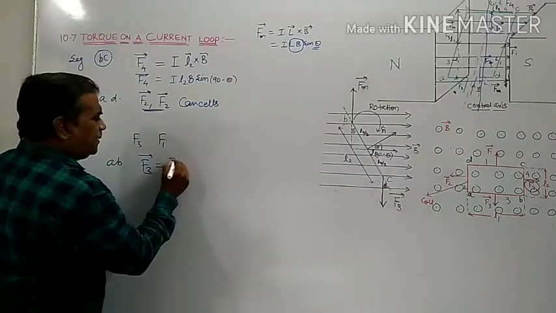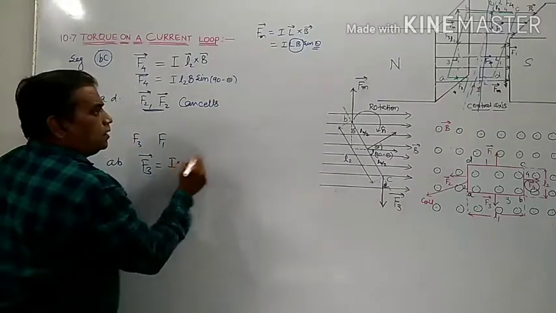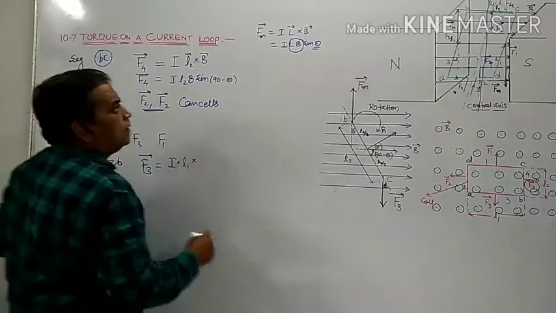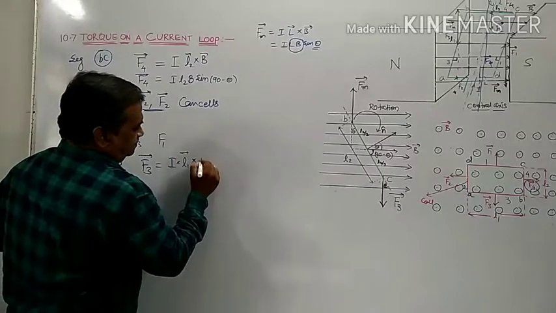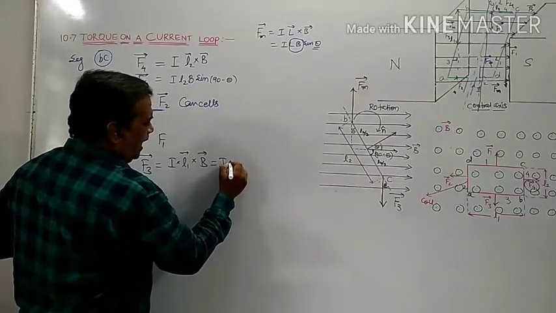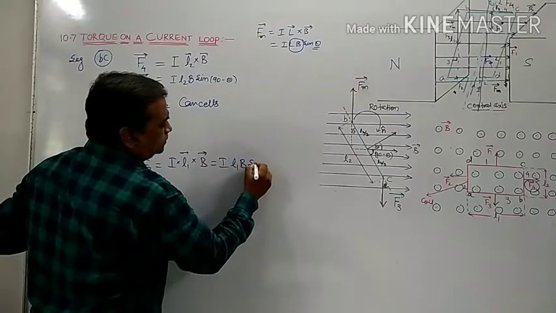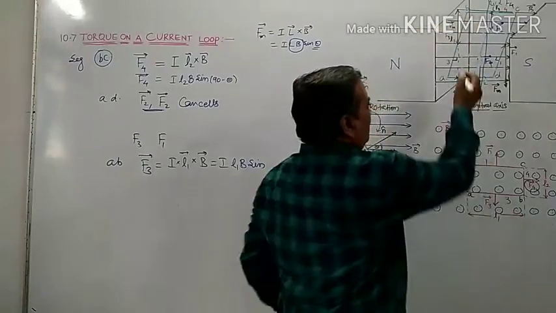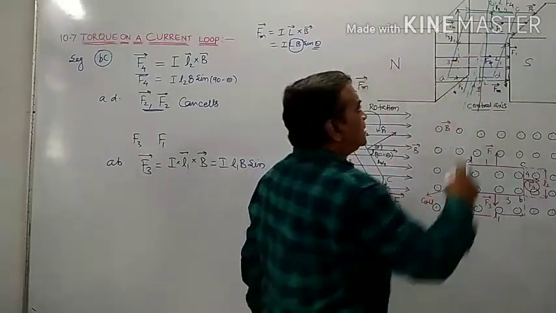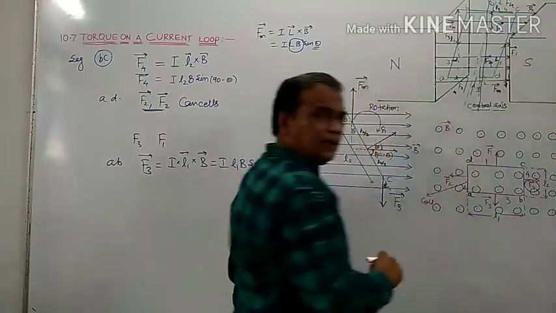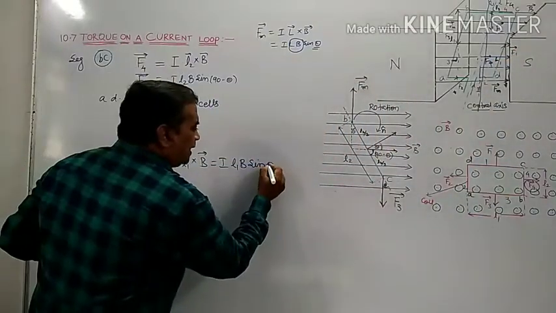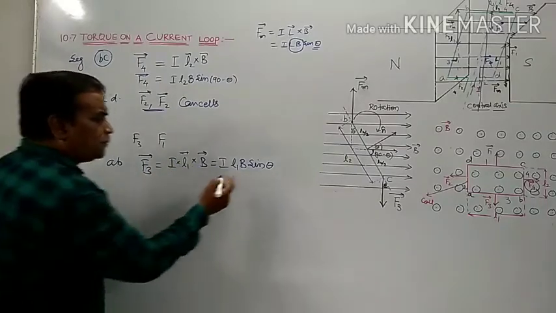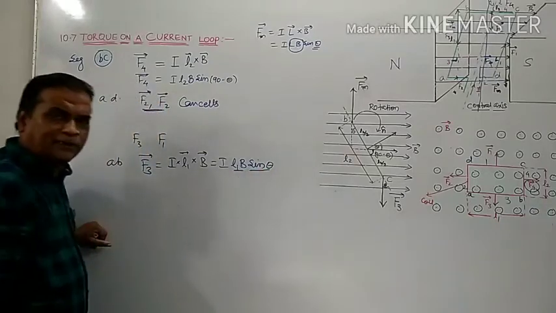So we can find the force acting on segment AB as vector F3 equals the current flowing through segment AB, I, into the length of segment AB, L1, cross the magnetic field B. This is I L1 B sine theta, as segment AB is perpendicular to the magnetic field, because the cross product of two vectors is the product of their magnitudes and the sine of the angle between them.